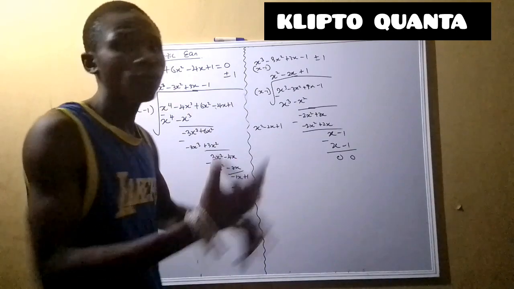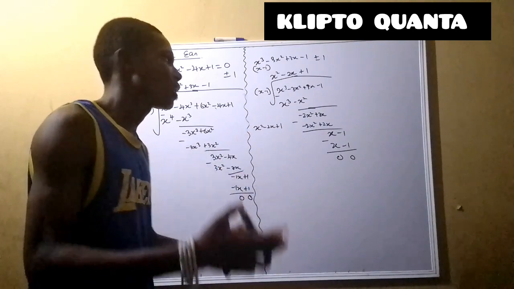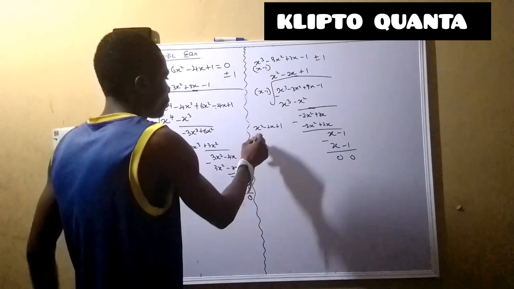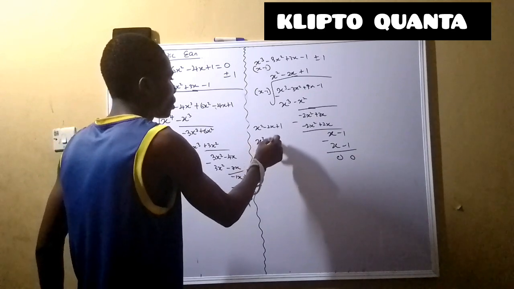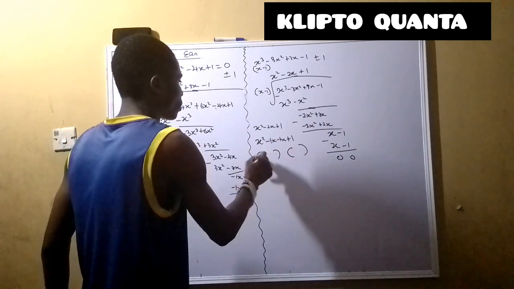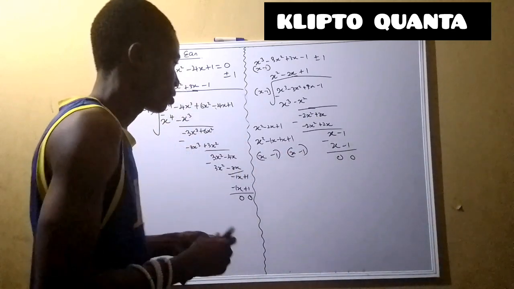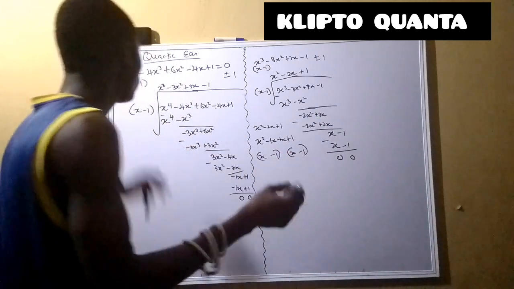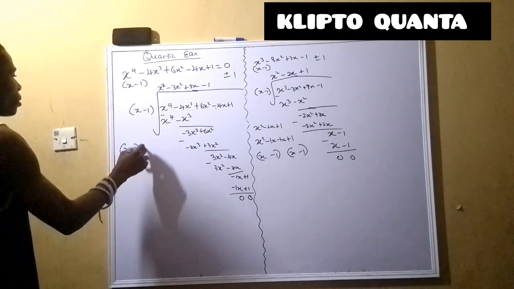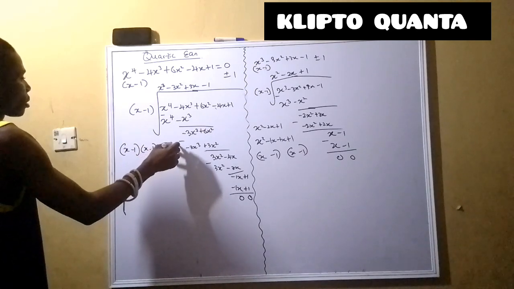Now you look for two numbers that when you multiply give us positive 1, and when you add, give us negative 2. That's the coefficient of x. And what are the numbers? You have x squared, negative 1x, negative 1x plus 1. So you have minus 1 and minus 1, which tells us that the factors of this equation are x minus 1, x minus 1, x minus 1, and x minus 1.